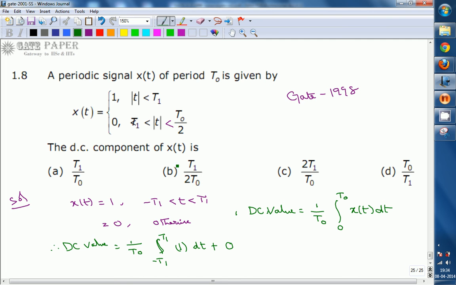By finding this integration, the value equals 1 by T0 times t from minus T1 to T1, which becomes 2T1 by T0. So this is the DC component of this x(t), and the answer is option C.